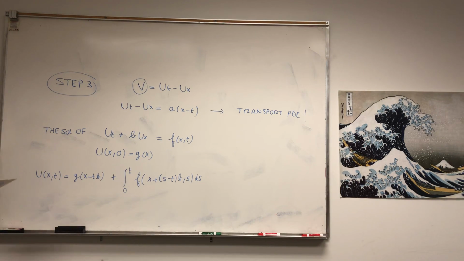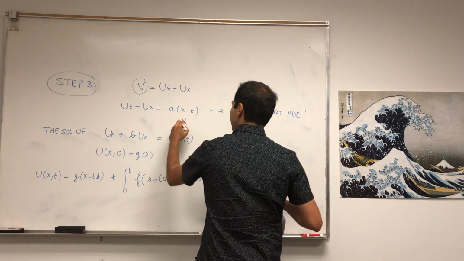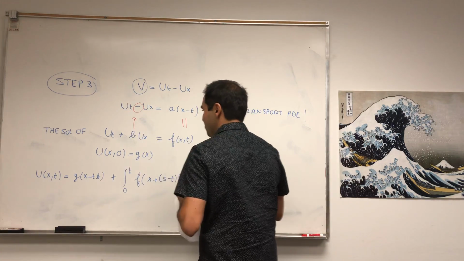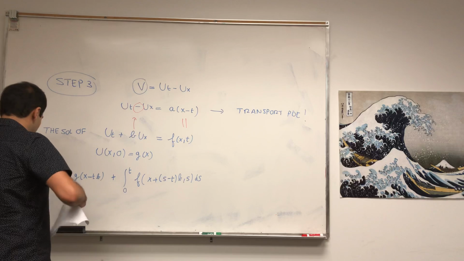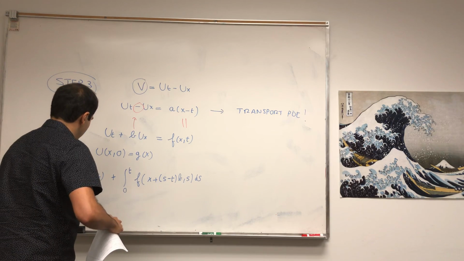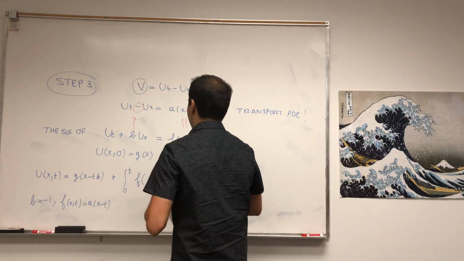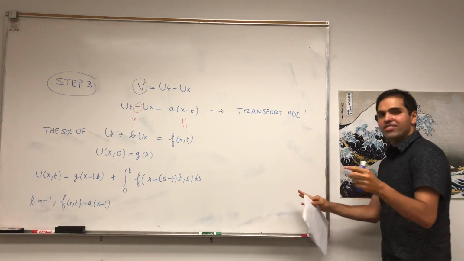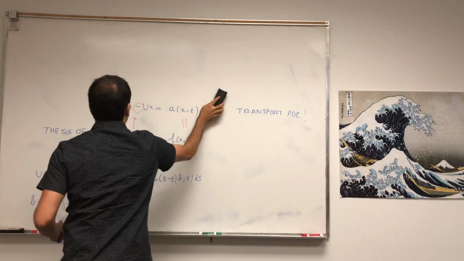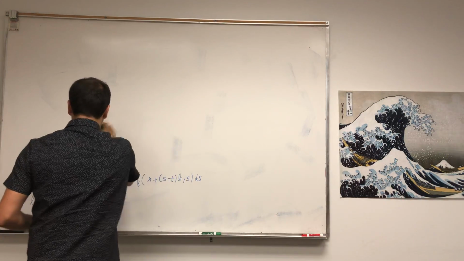All right, and the question is, how do the two compare? Well, notice f is just A of x minus t, and b is minus 1. So b is minus 1, and f of x,t is A of x minus t. In other words, f is just A of the difference of the two variables. And now let's just do that.